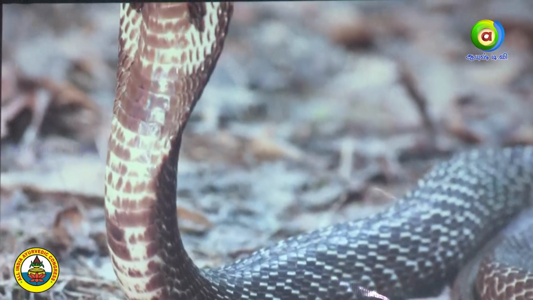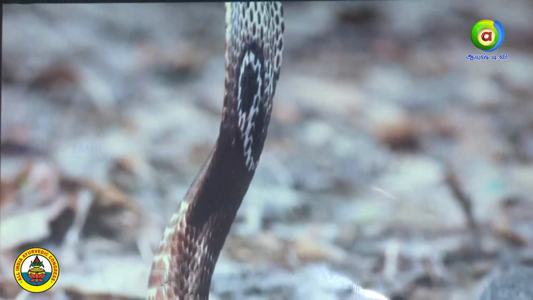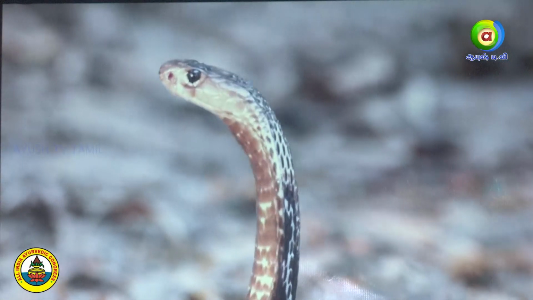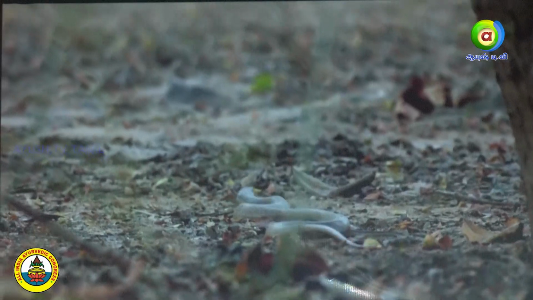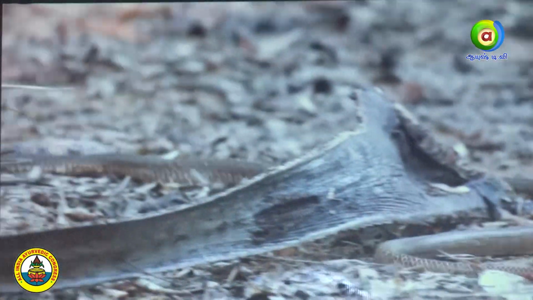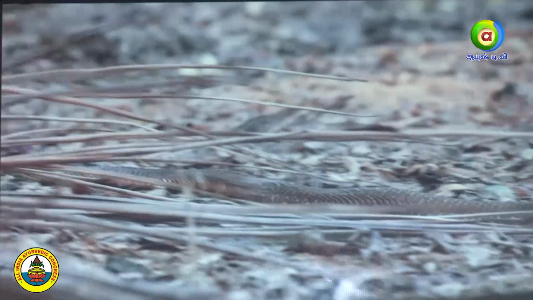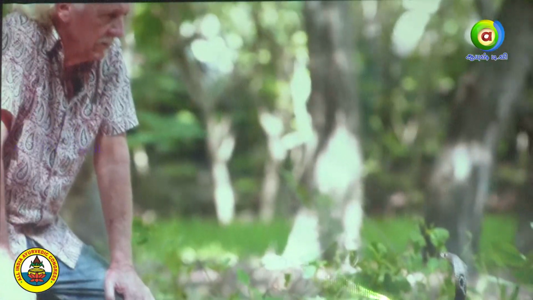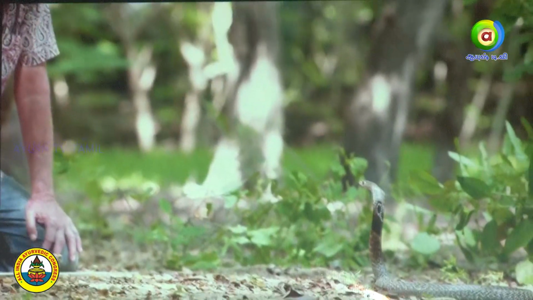With its raised hood, the cobra is the universal symbol of a deadly venomous snake. With a neurotoxic venom and a bite that can inject enormous quantities of it, the cobra ranks as one of the deadliest snakes in India. But in spite of their bad reputation, cobras are actually frightened of us.